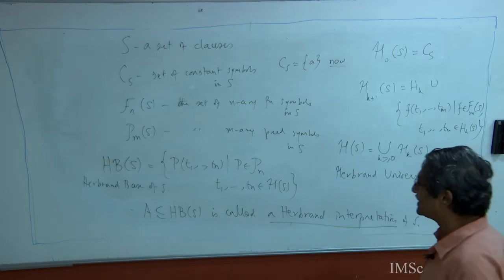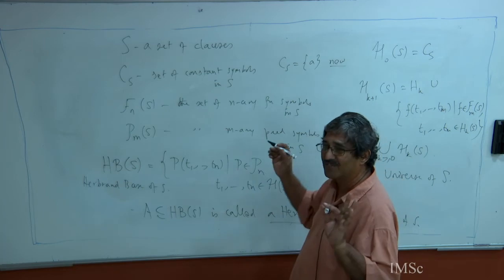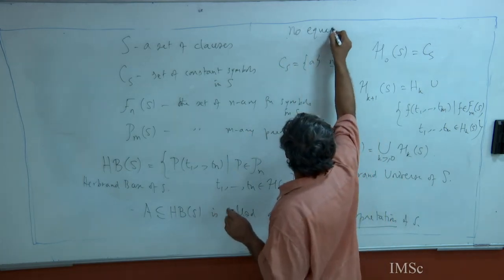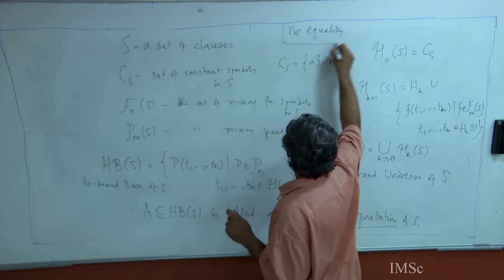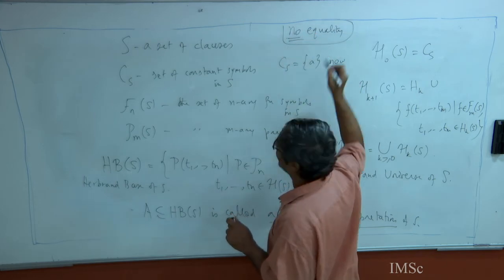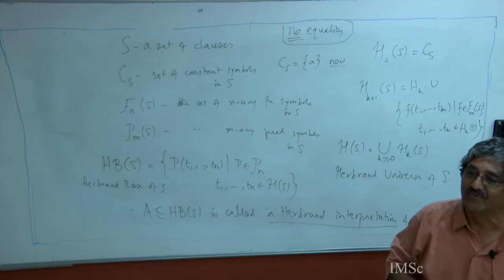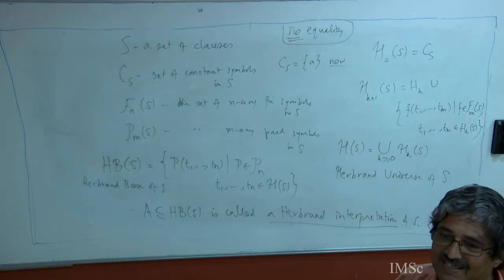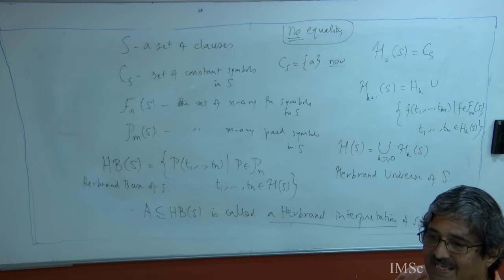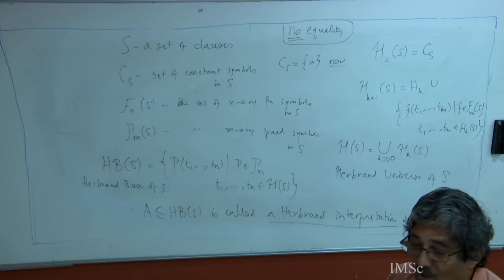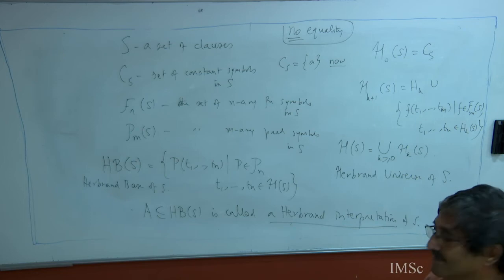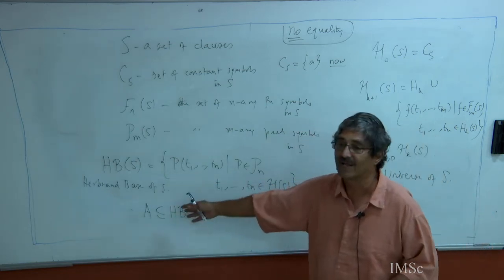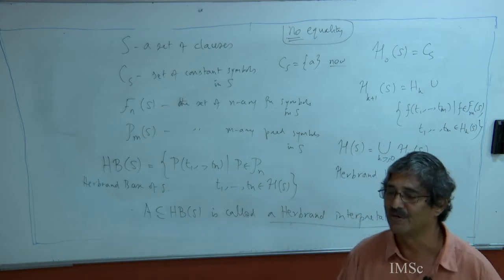One thing that I will assume now, for the purposes of today, is no equality in the language, because you have seen this before, right? When you take membership, this is the first thing we saw: T equals T prime is made true only if it belongs to the Herbrand base. We could think of equality as a predicate and plug it in, but then you have to make sure that it's a congruence.